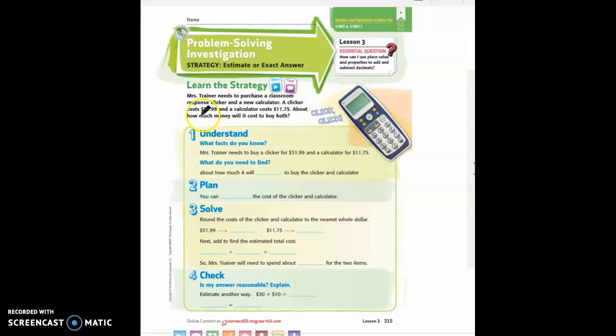Yeah, so the clicker costs $31.99. I'm going to underline that. And what else do we know? We know that Mr. Strainer needs to buy a clicker for $31.99 and a calculator for $11.75. Good.